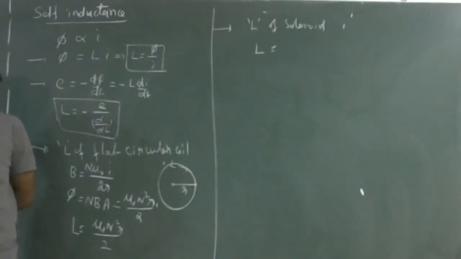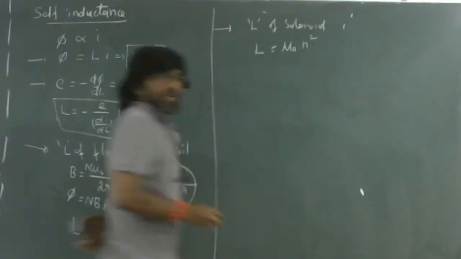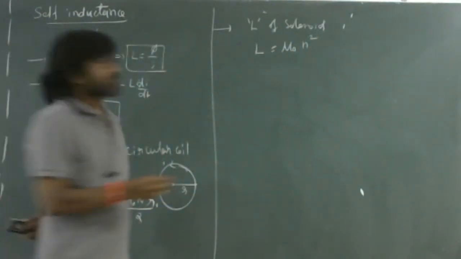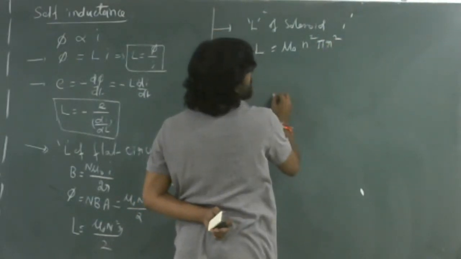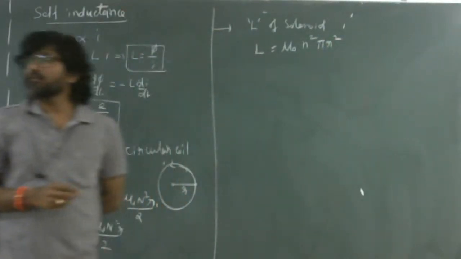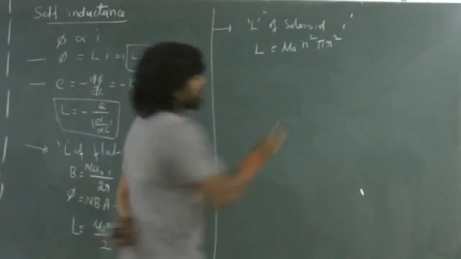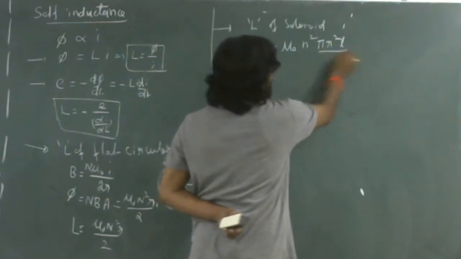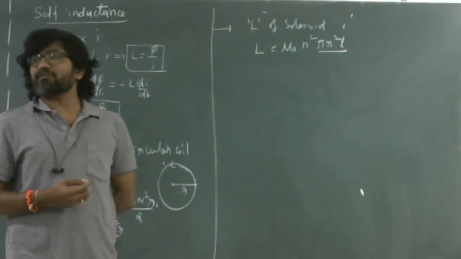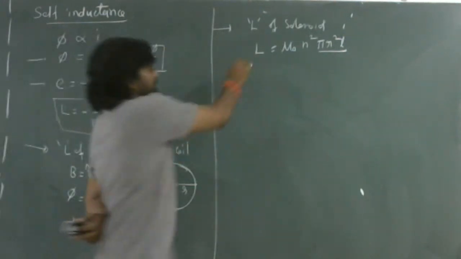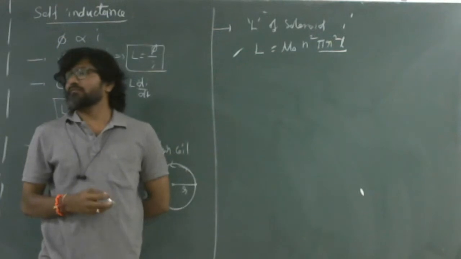L is equal to mu naught small n square pi r square L, or you can write it as A L, mu naught n square A L in terms of small n, right? So this is what we call self-inductance of a solenoid.